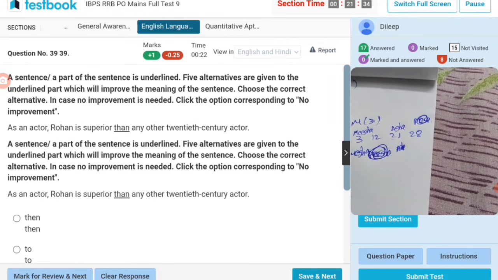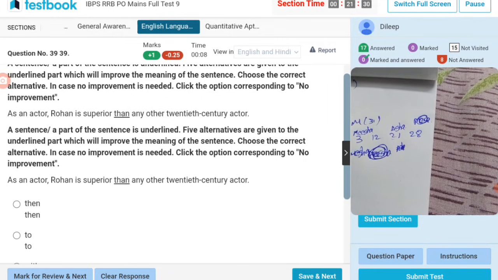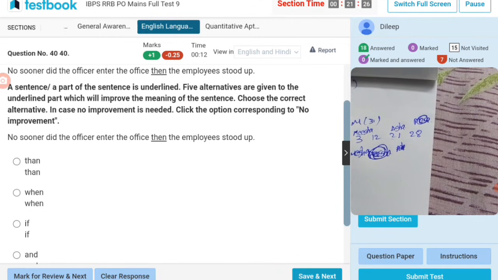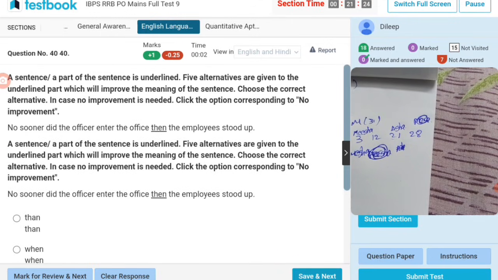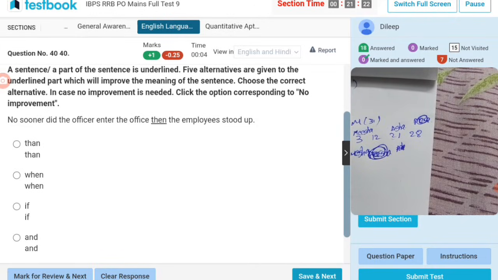Smart than intelligent. As an actor, Rohan is superior to. No sooner did the officer enter than.